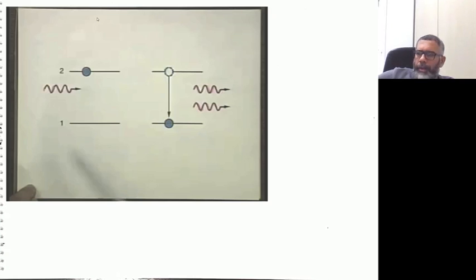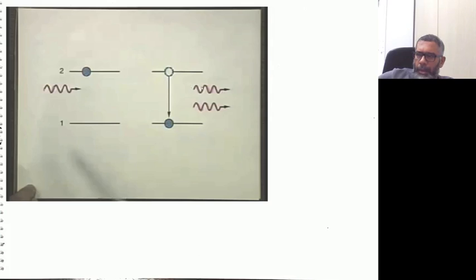But in fact, this doesn't happen that way. What happens is that as soon as this excited electron sees this incoming photon, it drops its energy to the ground state. While dropping its energy to the ground state, of course, since it has excess energy, what happens to this excess energy?